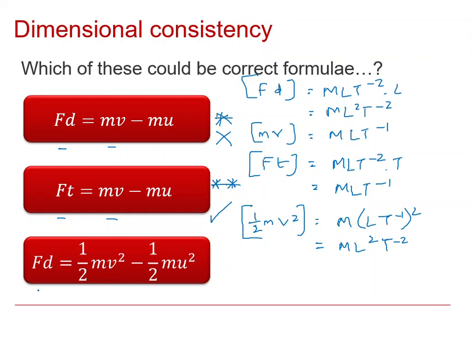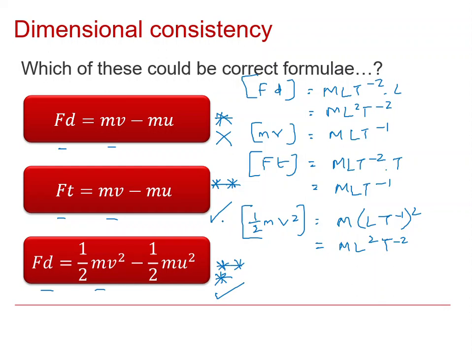The third one, Fd, we've already met. It's ML squared T to the minus 2, and that matches the same ML squared T to the minus 2 of a half mv squared. So the third equation, which I'm marking just for consistency with 3 asterisks, is consistent, so that one would on the face of it be acceptable. Now the second equation you'll recognize very possibly as the impulse-momentum equation.